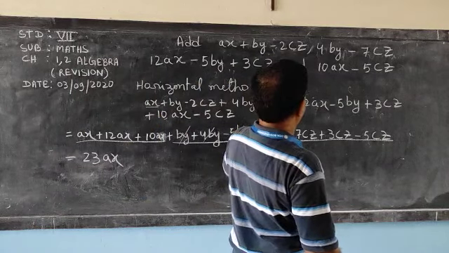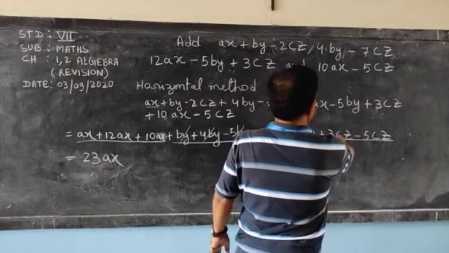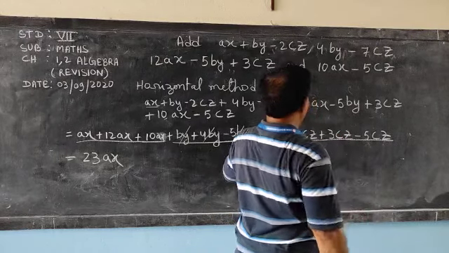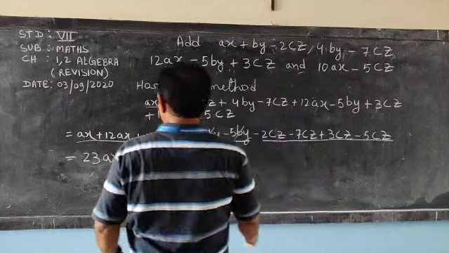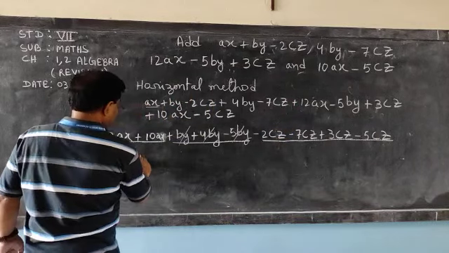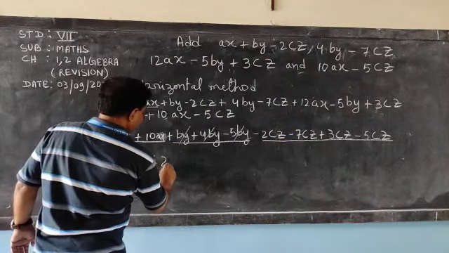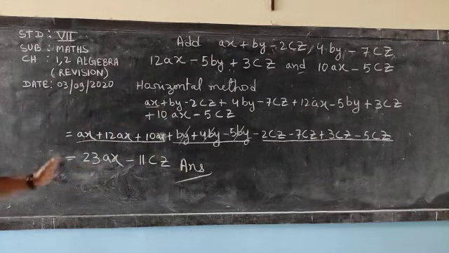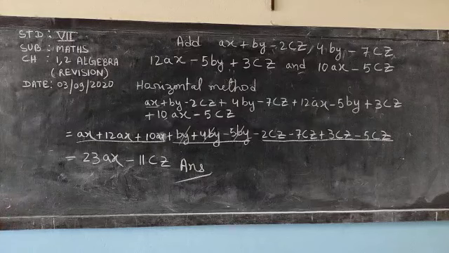Now here first find out plus 3 and minus 7 is 9, and 5 is 14. 3 minus 14 means minus 11cz. And this is the answer. And this method is called the column method.